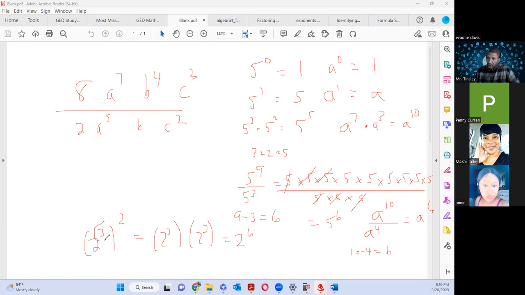But what you should notice is when you raise to a power, you multiply the exponents. So 3 times 2 is 6. So what would A to the 3rd raised to the 3rd power be? A to the 9th. Why? Because you multiply 3 times 3.